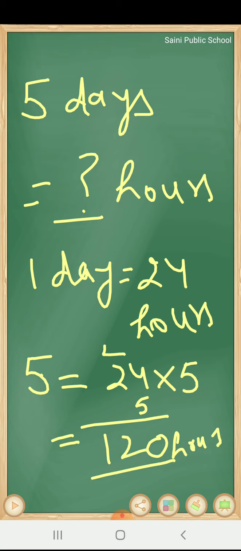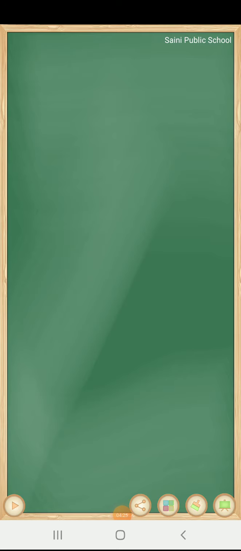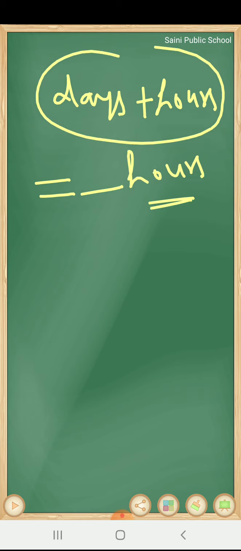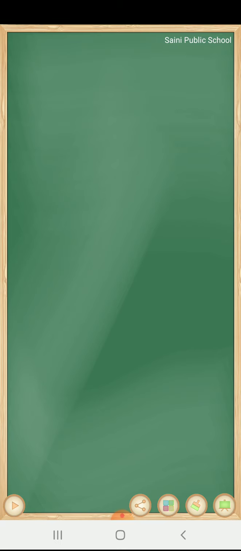Let us discuss one more example, when we want to convert days plus hours into hours. Now there is a mixed question in which days and hours both are present. What will we do?